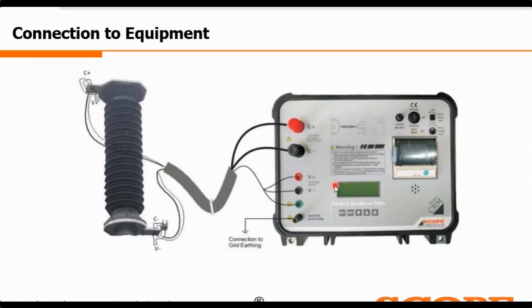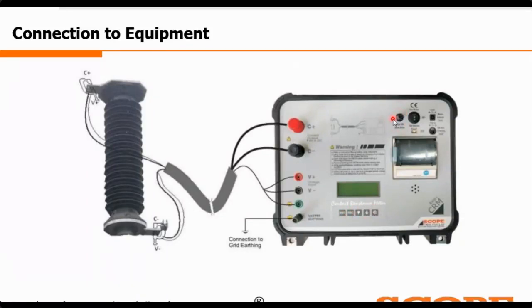Here we are having the 3.5 or 4.5 digit display based on the model you select. There is a menu, and we are having a 5-key keypad through which menu-guided operation is available, so you can easily do the operation by selecting the keys.